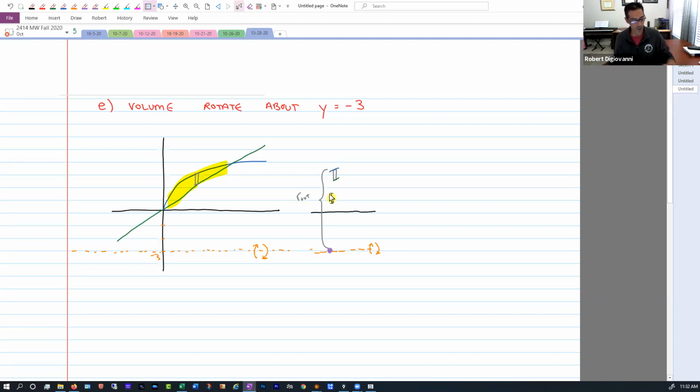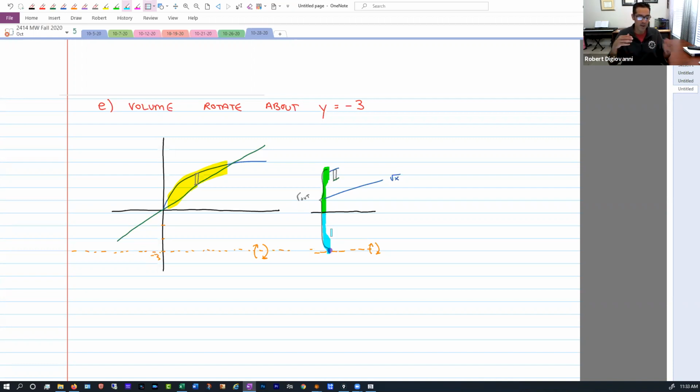Let's think about that. So what Ross is thinking is the distance from the outer edge to the x-axis, right? Just that part, we know that that is the square root of x. And then the rest of the distance from here down to here, you're using -3, right? But Ross, think about this as like a measuring tape. It's a distance. So we want to look at everything as being positive.